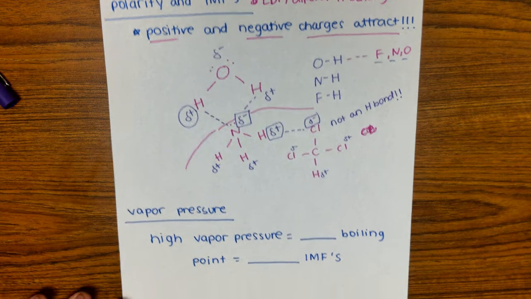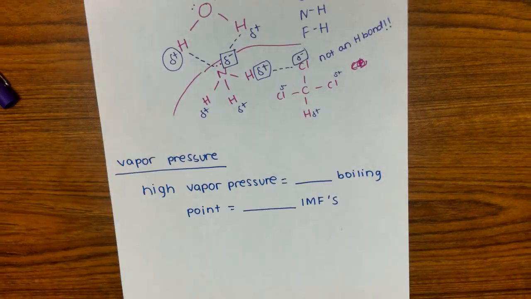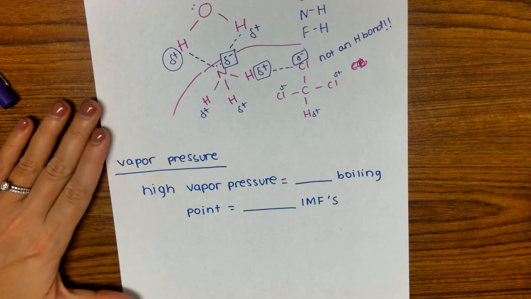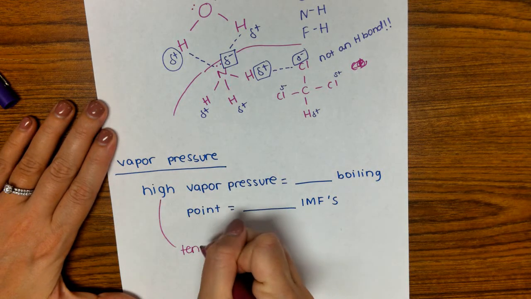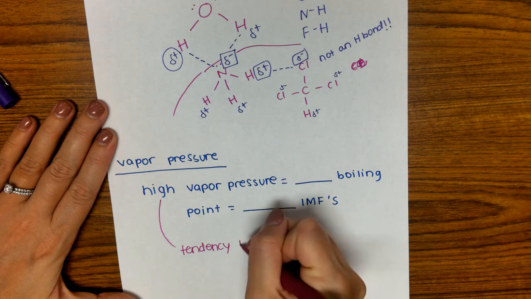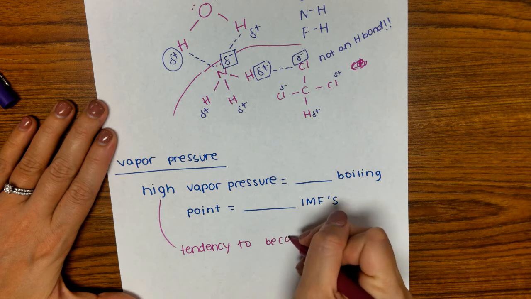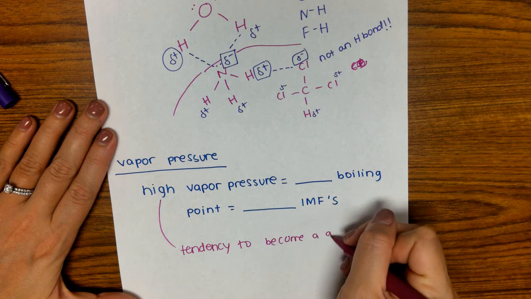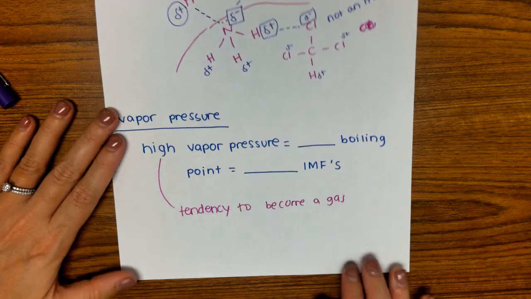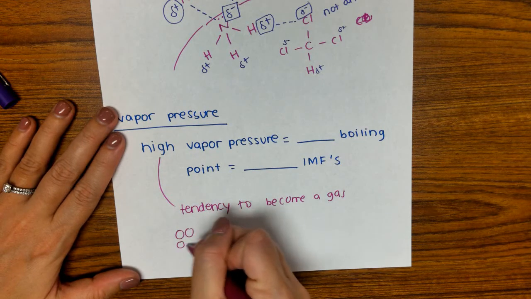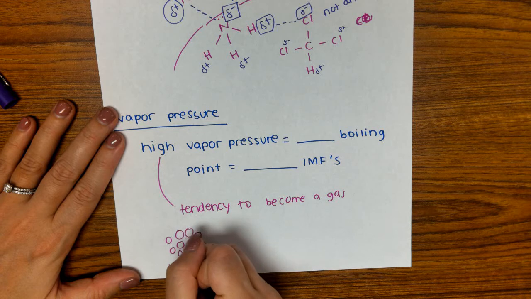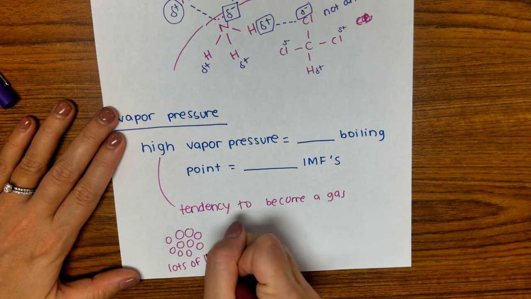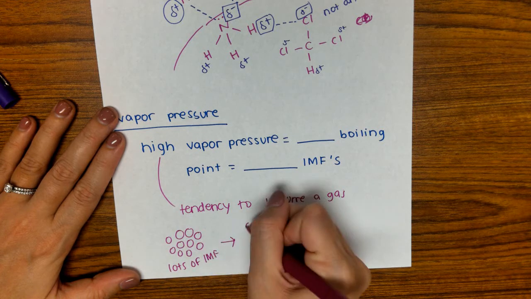And then vapor pressure. So vapor pressure has to do with intermolecular forces. If something has a high vapor pressure, that means they have a tendency to become a gas. And if we think about solids, liquids, gases, solids are very close together, so they have lots of intermolecular forces. Liquids are a little further apart.